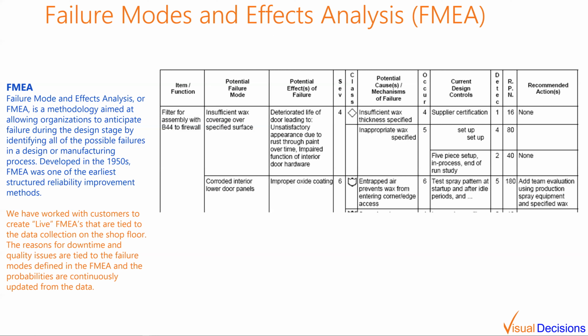And then basically take a swag at what the severity, what the probability of occurrence is, and what the probability of detection is. And then multiplying those three numbers together to get your risk priority number, and then brainstorming recommended actions and so forth for those. And that's the traditional way of going about this.